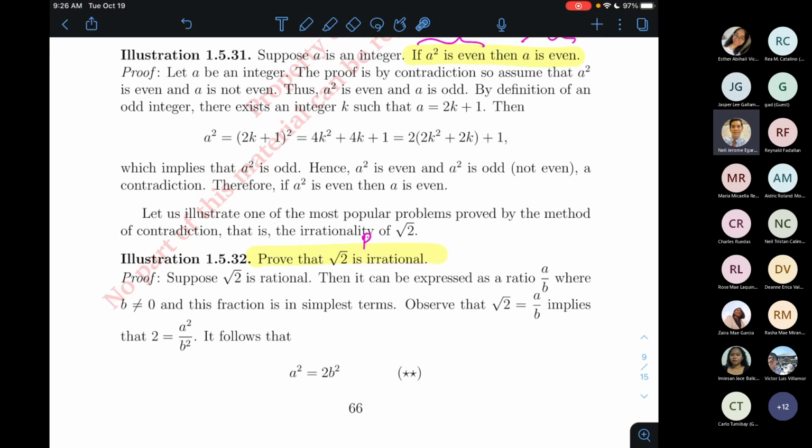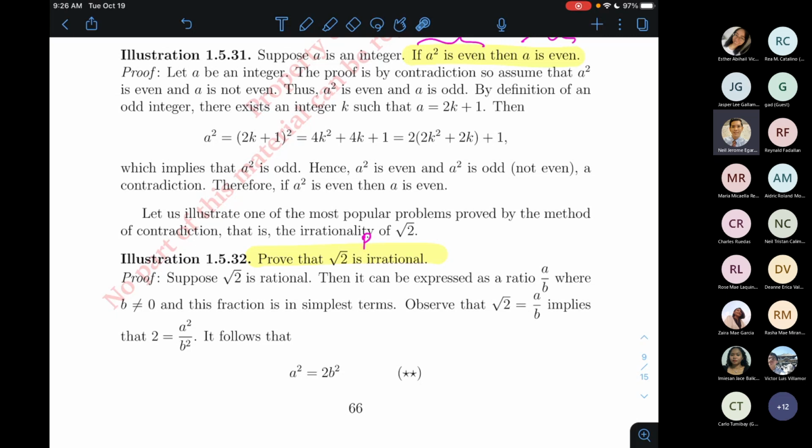So, kaya nga Pythagorean theorem yung tawag natin sa a squared plus b squared equals c squared, right? So, lagi nila nakikita itong square root of 2 and kaya medyo sacred sa kanila yung square root of 2 and they believe that all numbers are rational.